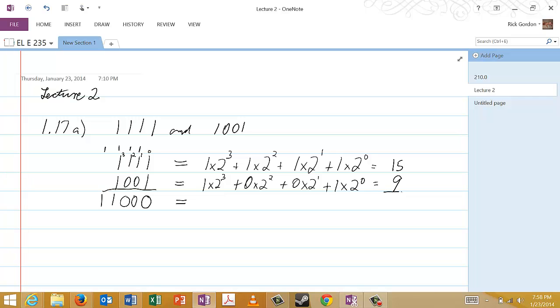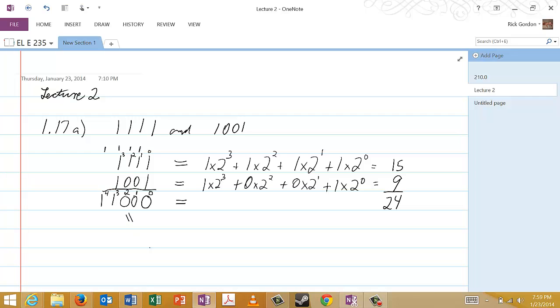And our sum, when we add these as decimal numbers, is 24. Now let's look over here at the binary number that we obtained and see if it is indeed equal to 24. Well, we will again number the positions, so we have 0, 1, 2, 3, and 4.